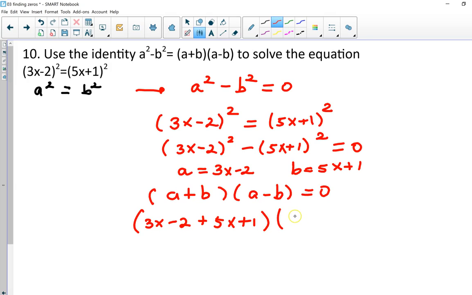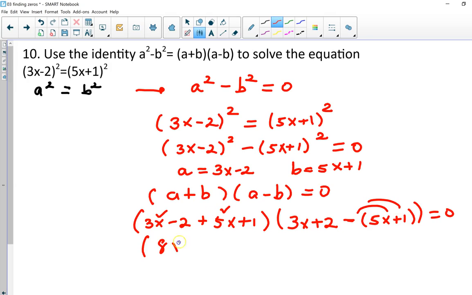And for the second factor, I get 3x minus 2 minus, and I'm actually going to put the 5x plus 1 in parentheses, just so I remember to distribute. I combine my terms. I get 8x minus 2 plus 1 is minus 1.